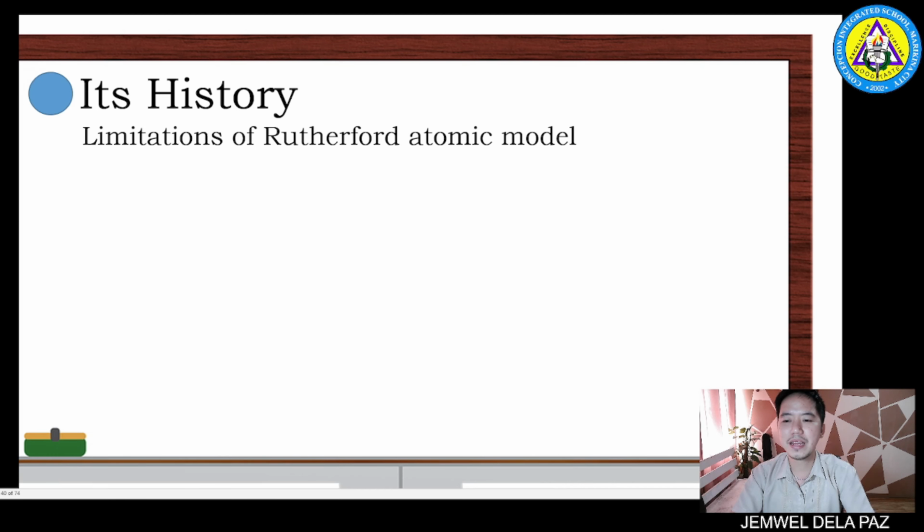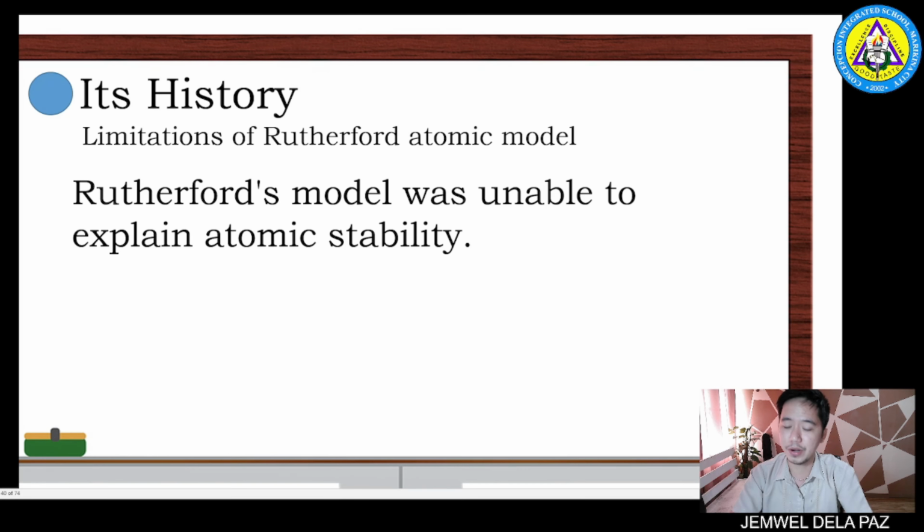Here are the different limitations of Rutherford's atomic model. First, Rutherford's model was unable to explain the atomic stability. Atoms are stable at a certain point, but it failed to explain the atomic stability.